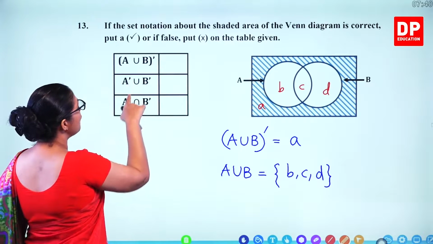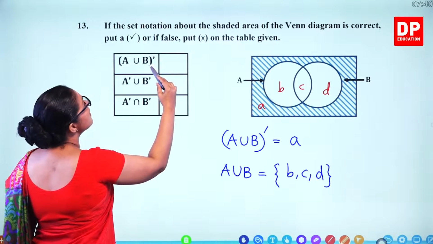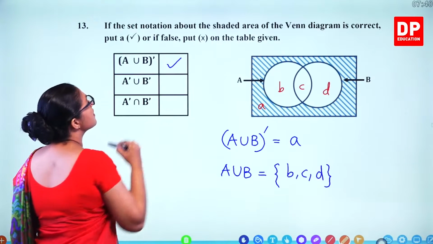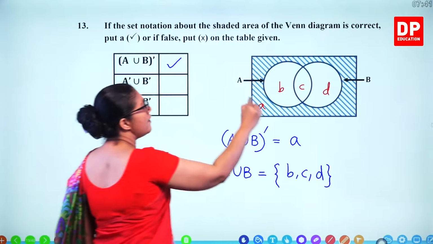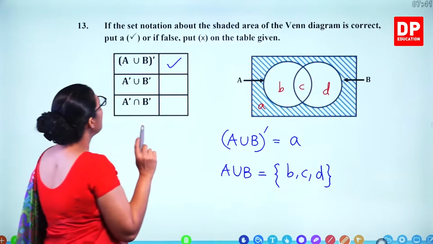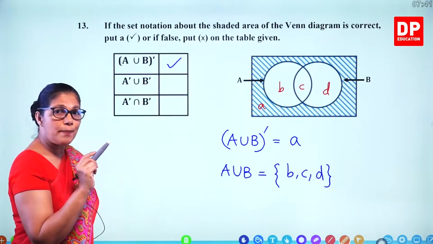Now, we have to figure out whether these are correct. So this is correct. A union B dash is correct because we need only the A region. Now check A dash union B dash and A dash intersection B dash.